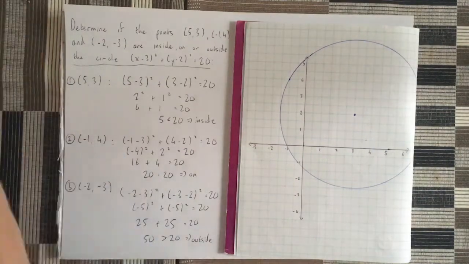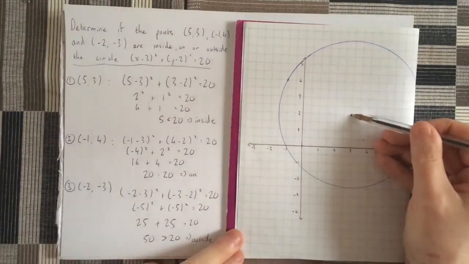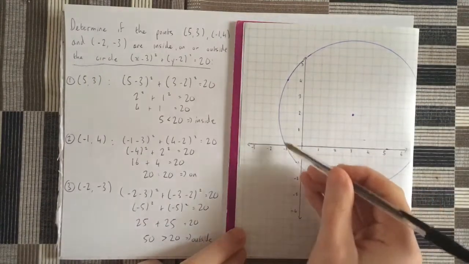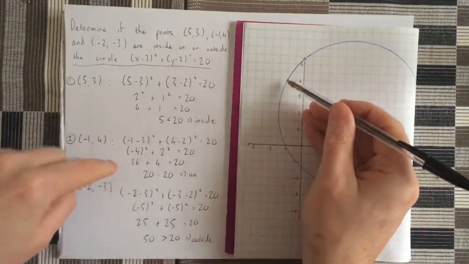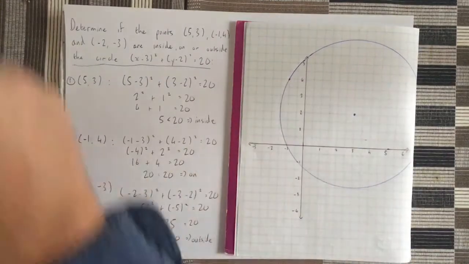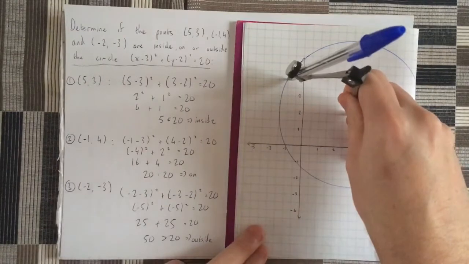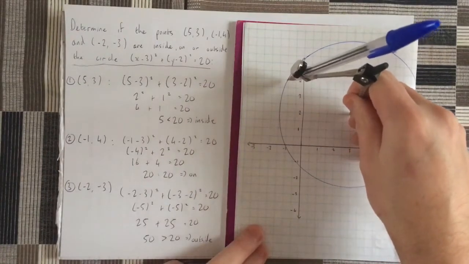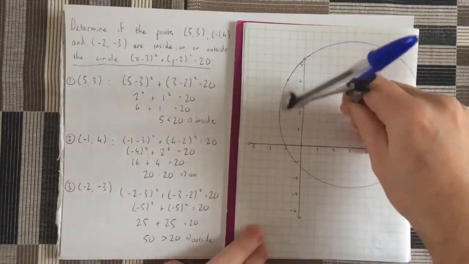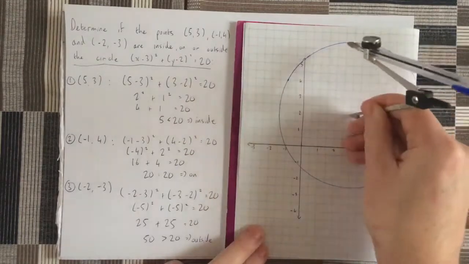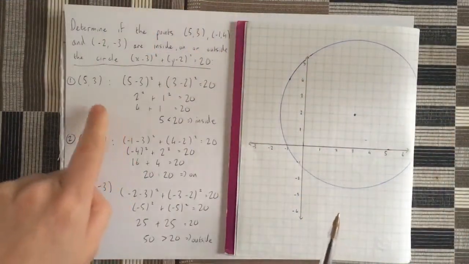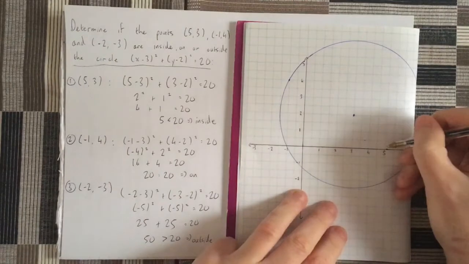So when I was drawing this, I marked in my center, 3, 2. I marked in minus 1, 4, because that's the point I found was actually on the circle. And then to draw it, point on the center, pencil onto minus 1, 4, and then just draw your circle around.